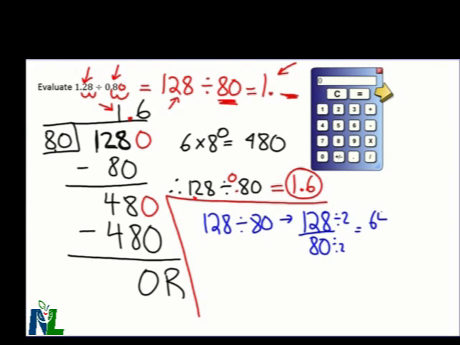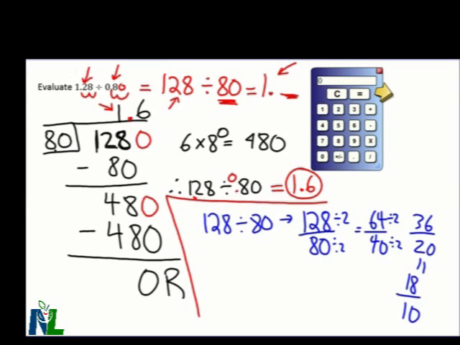You get 64 over 40, even again, divide it by 2. You get 36 over 20, even again, divide it by 2, and you get 18 over 10, which is not 1.6.